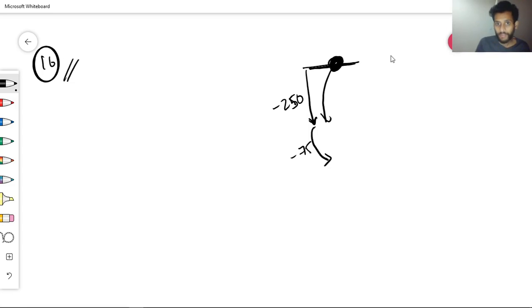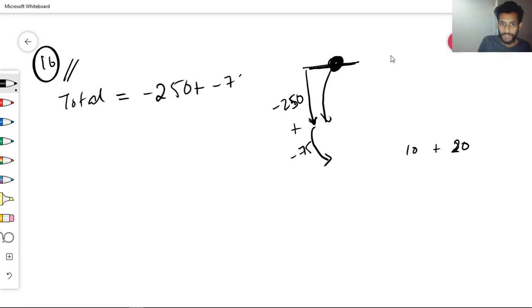When it is already here and has to dive further below, it is like having 10 rupees and someone gives you another 20 rupees: to find the total, you add. So between these two numbers we have to add. So the total should be minus 250 plus minus 75. Which expression is this one? Obviously option B.